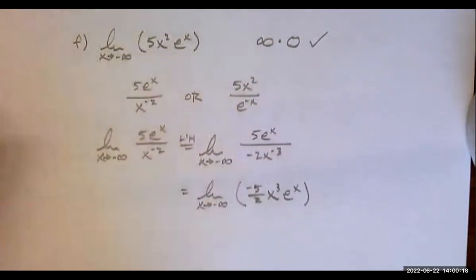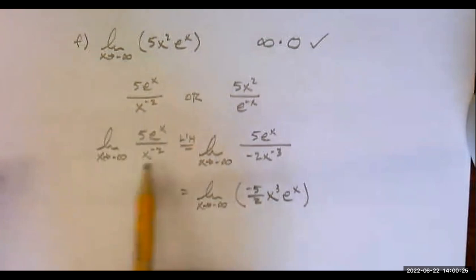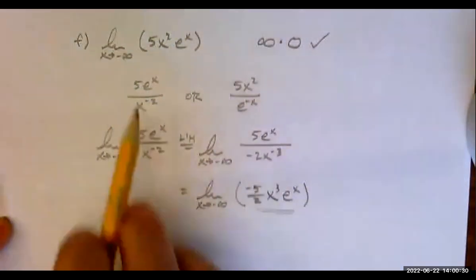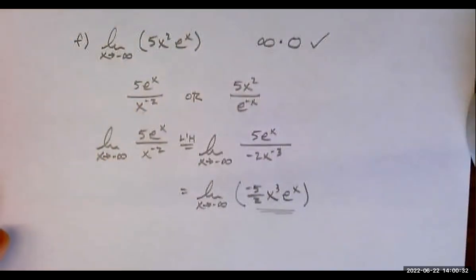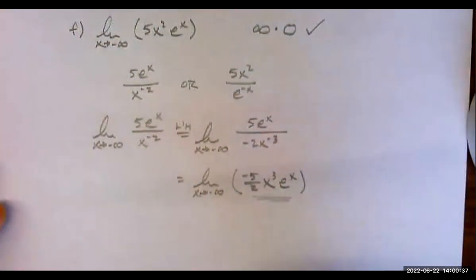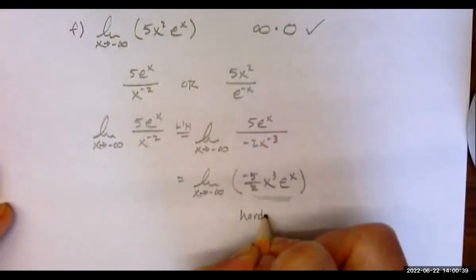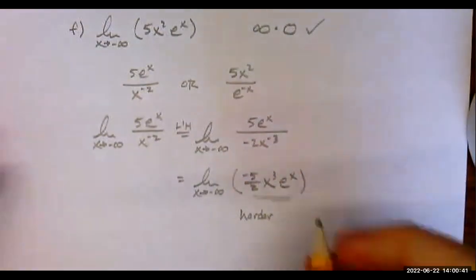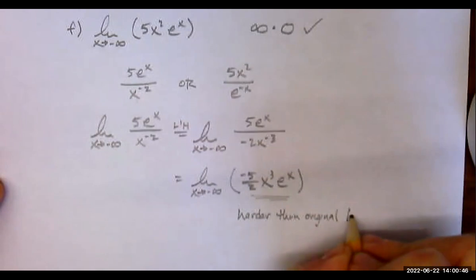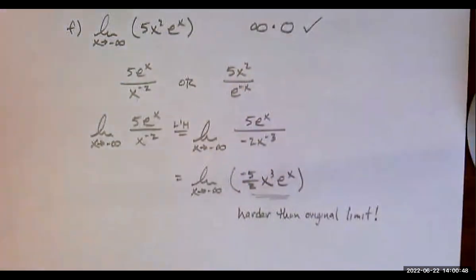How do I know at this point that choosing 5e to the x over x to the negative 2 will not work out? It's not that we did anything wrong. Everything here is correct. But look at this new limit compared to the original. This has an x cubed where the original had an x squared. This is harder, more complex than the original limit.